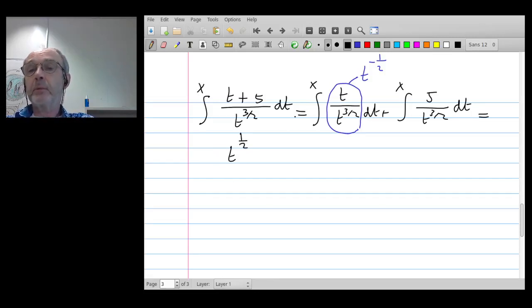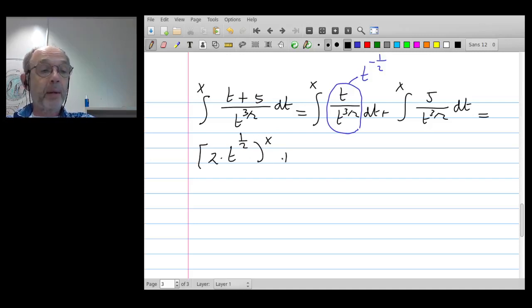I don't see some constant before, so I think it will be good to put there a 2. Then if you differentiate 1 over 2 times 2 gives you 1, and that is exactly the value which is also staying in that integral. There is 1 times t to the power minus 1 over 2, between the unknown lower boundary and x.